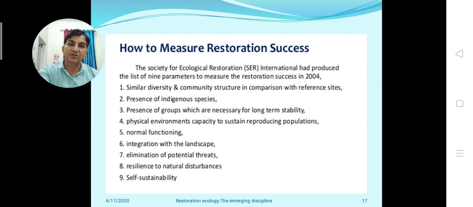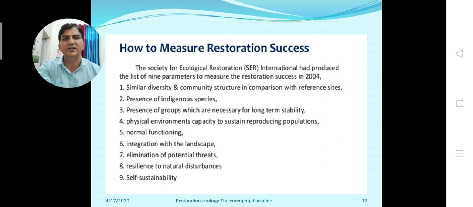Then how to measure restoration success? The Society for Ecological Restoration International has produced a list of 9 parameters. If you base your study on these 9 parameters and you get close to them, that means you are successful in achieving your goal.